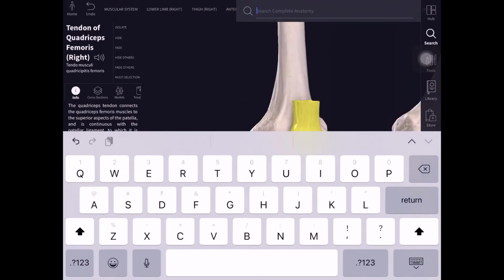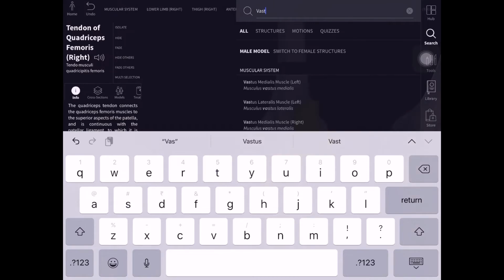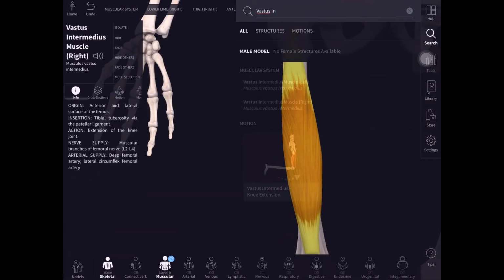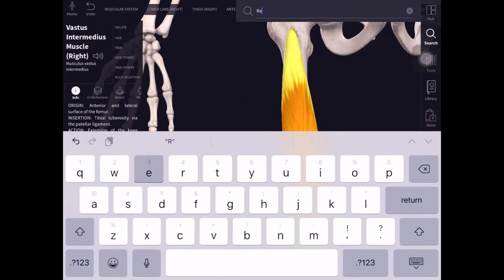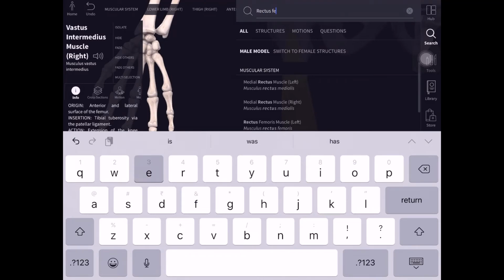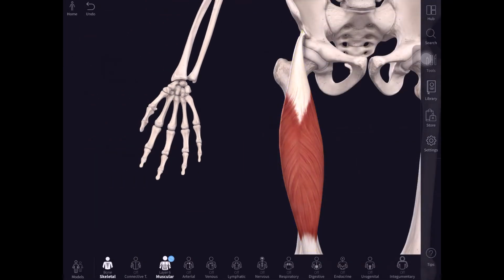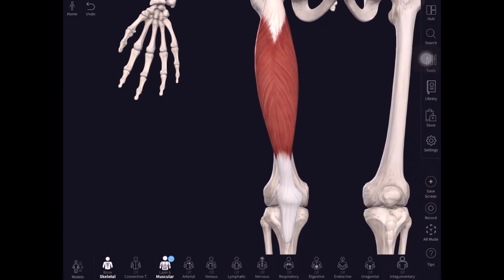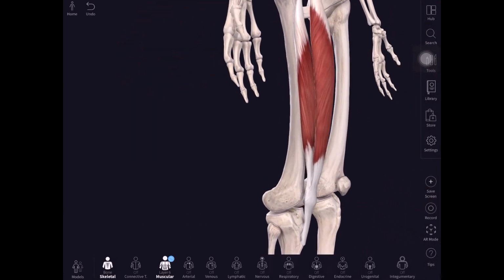Here we have vastus intermedius and rectus femoris. Now if you see this figure, you can make out the entire structure.